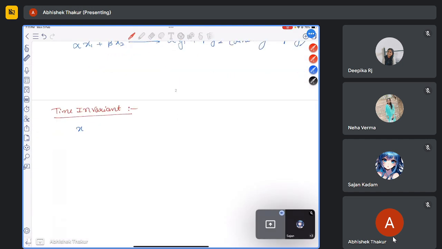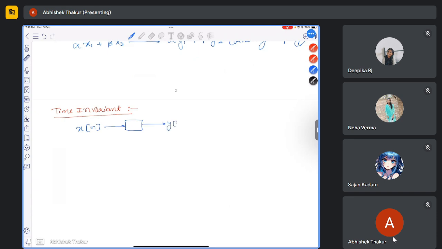When the input x[n] is given to a system, then the output is y[n]. But now if there is a shift in input by n naught units, meaning x[n minus n naught], and it is given to a time invariant system, then what will be the output? The output will also be y[n minus n naught].